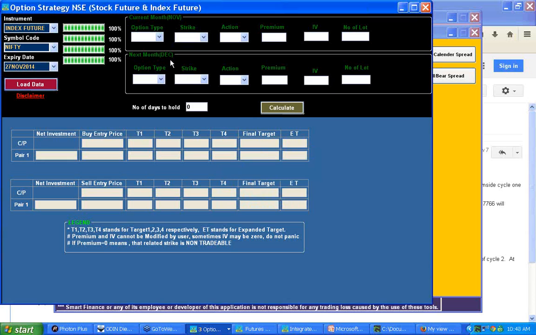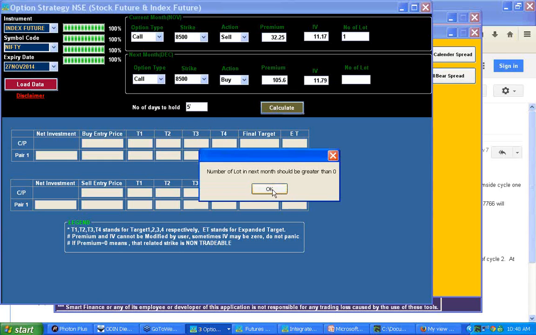So I will be going for 8,500. This month, current month, I will sell, and the number of lots is 1. So I will be buying one call option of next month 8,500 at 105. So say I am holding for 5 days.